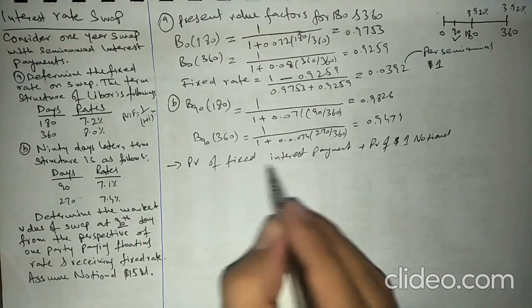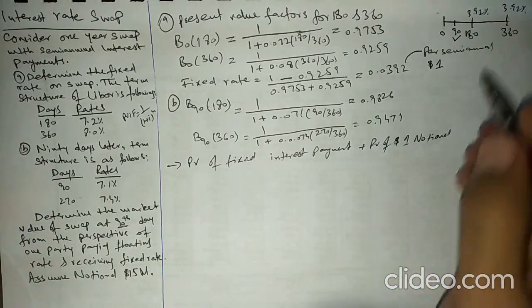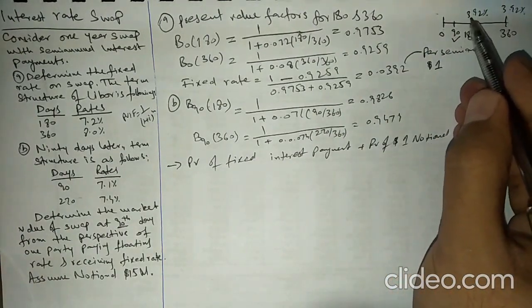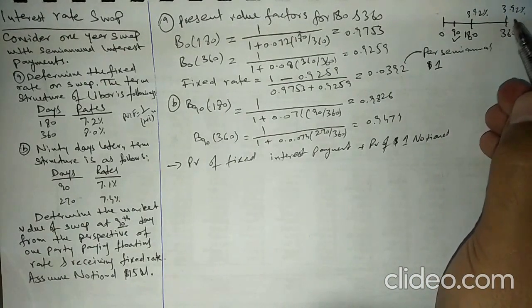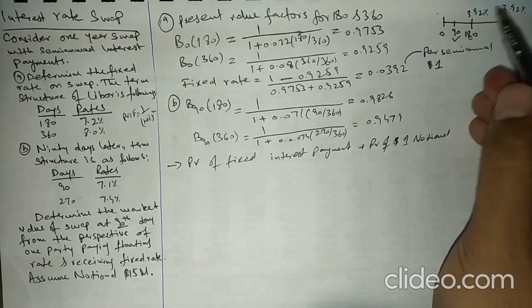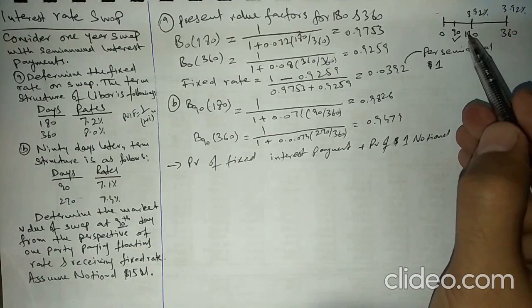So to calculate these, here we assume that we make a payment of 3.92% after 180 days, and another payment will be made at the end of the first year, which is 3.92%. So at the end of the first year there will be a principal repayment.